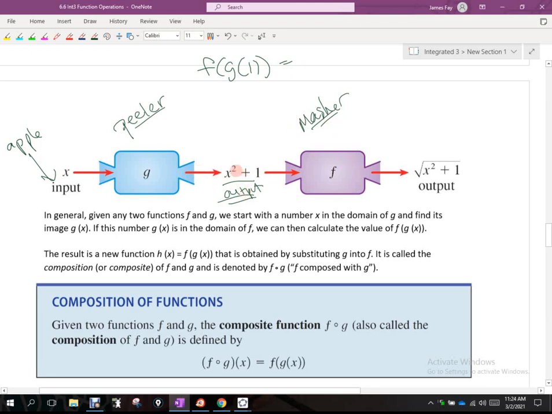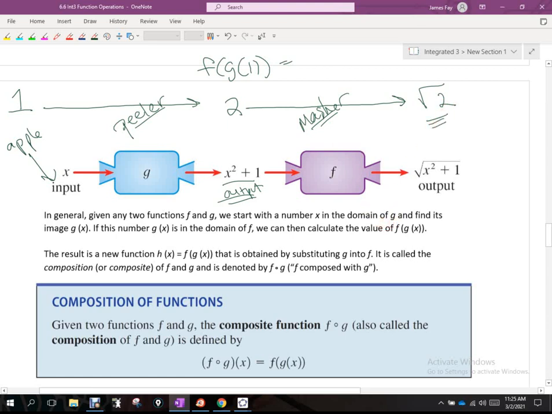So then I put 2 into the square root function, and it gave me back radical 2. If I put my apple in my peeler, now I get out peeled apples, right? Then I put it in my masher, what do I get out? Applesauce. So we started with 1, we put it through, got 2. That becomes the input now for our next machine, and it gives a final output of radical 2.